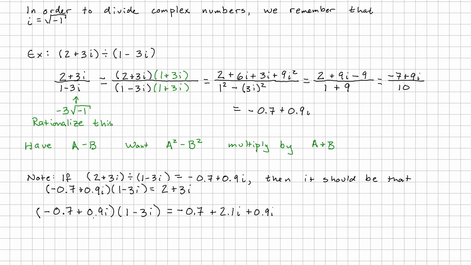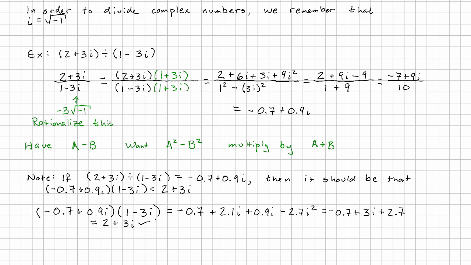And then 0.9i times -3i is negative 2.7i squared. Remembering that i squared is negative 1, we have negative 0.7 plus 3i plus 2.7, and then combining those like terms, we really do get 2 plus 3i. So that really does work out.